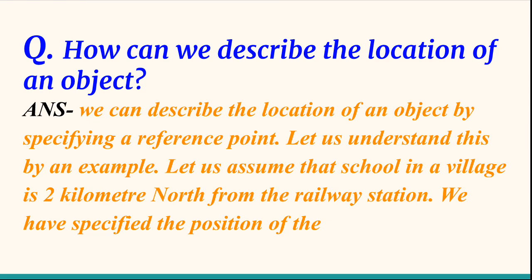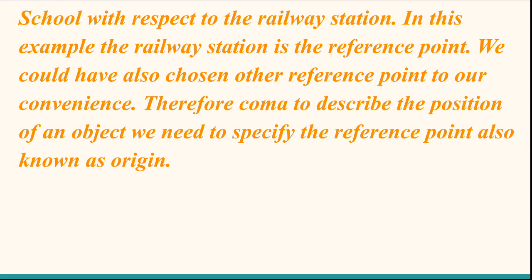Let us assume a school in a village is 2 kilometers north from the railway station. Two kilometers north means 2 kilometers on the north side from the railway station. So we have specified the position of the school with respect to the railway station.